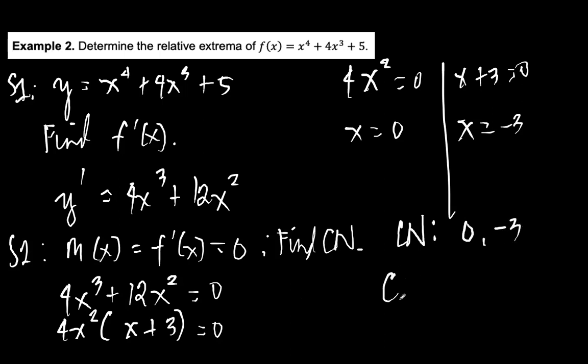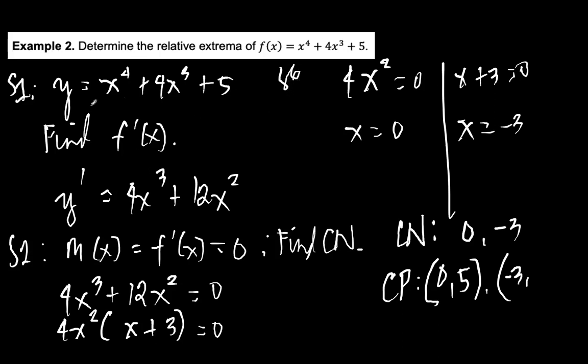And our critical points are when x is 0, y is 5. When x is equal to negative 3, sige nga class, anong sagot dito? 81, 27, 81 plus 5, 84. Pero 86 nakalagay, no? Tumutugma yung utak ko sa kamay ko.